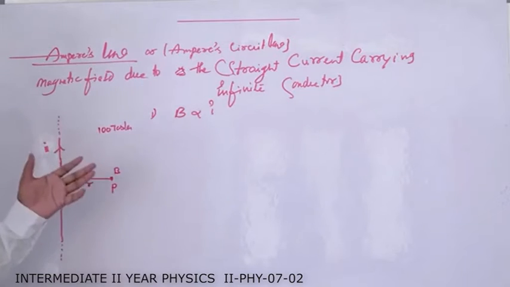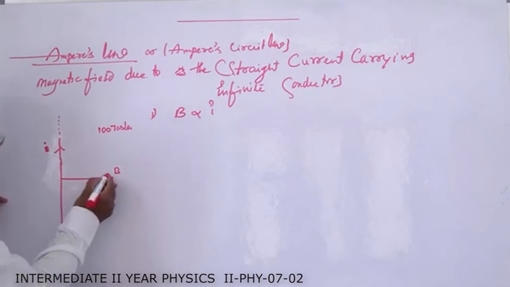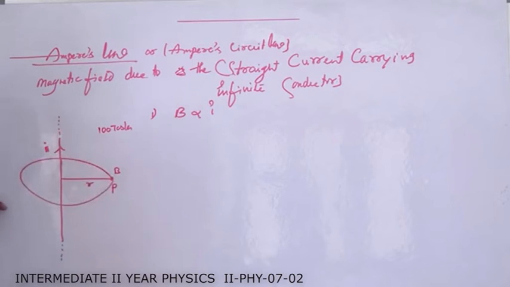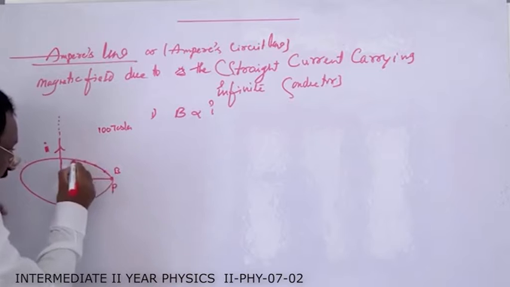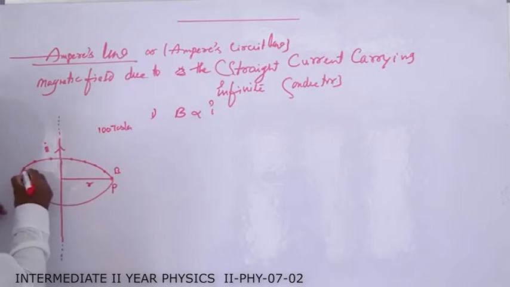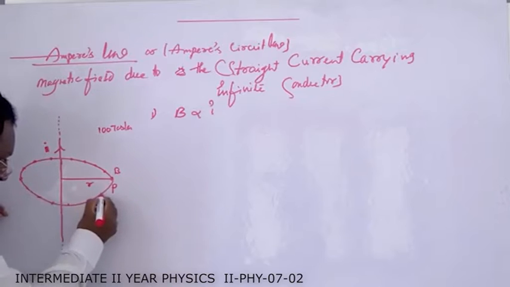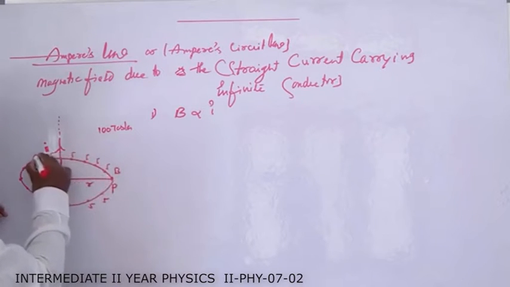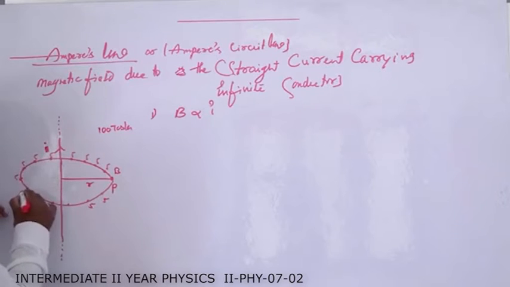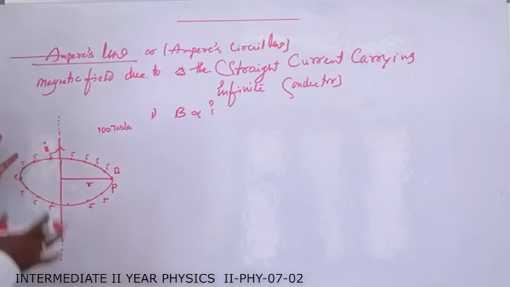This 100 Tesla field is distributed in the form of a closed loop. On this closed loop, at every point, the magnetic field is constant. So what do you understand? Due to this electric current, a magnetic field of 100 is produced.